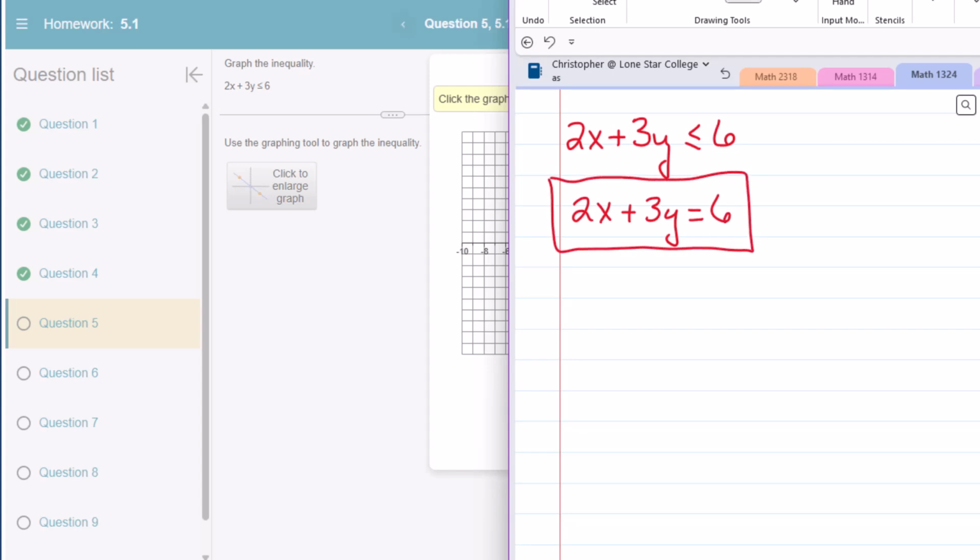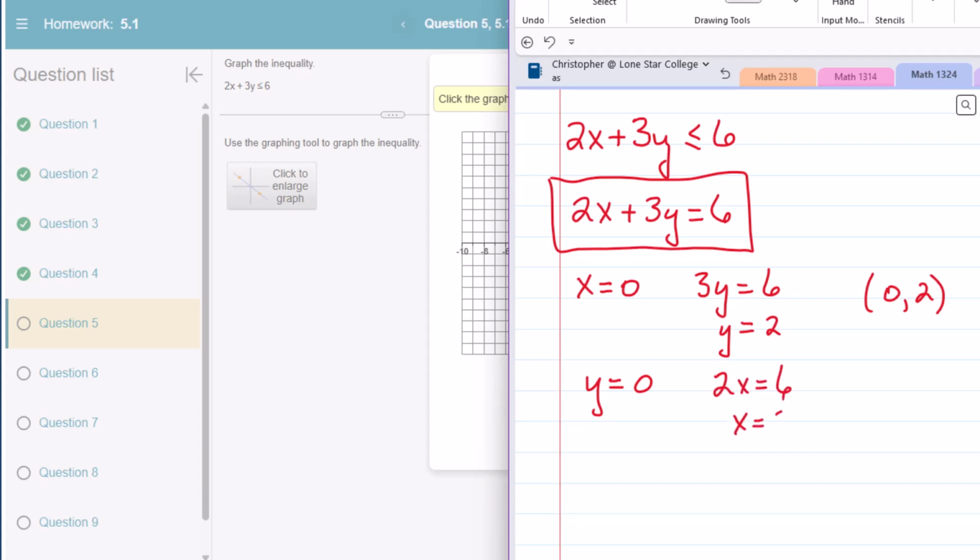The easiest way to do this is set x to 0 and find y. So 3y is equal to 6. Divide by 3, and I get y is 2. So I've got the point 0, 2. And then I switch. Y is 0, I get 2x is 6, and I get x is 3. So my other point is 3, 0.